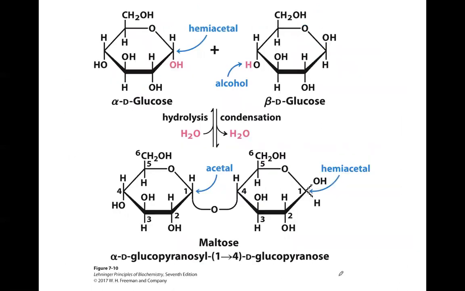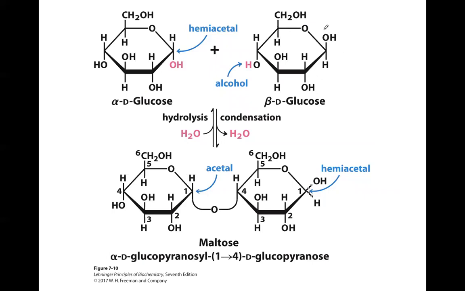Let's now look at structures, which speak thousands of words. So here is our alpha D glucose. It's alpha, OH down, this is up. It's D because CH2OH is up, and this is hemiacetal. Now this is beta D glucose. Now it could be alpha, it doesn't matter.